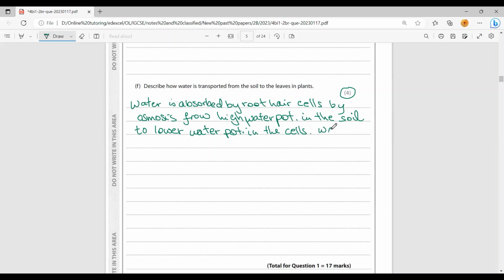وبعدين water is transported to the root xylem. يبقى كده وصلنا خلاص للروت زايلم. تمام.